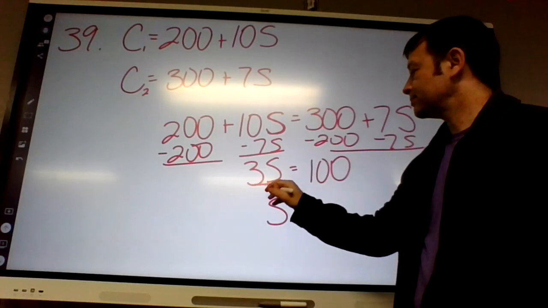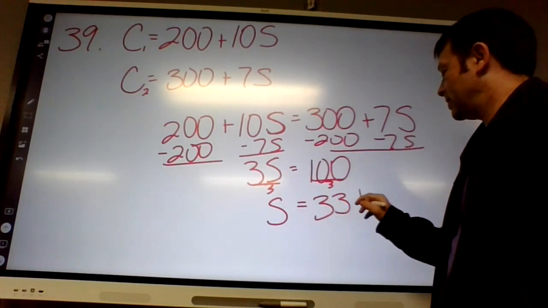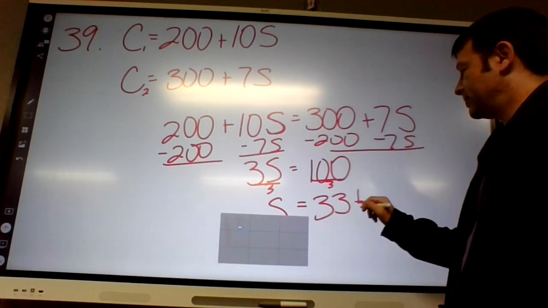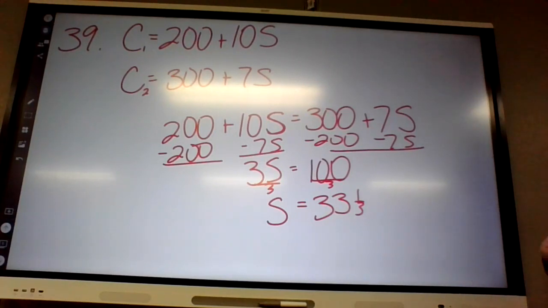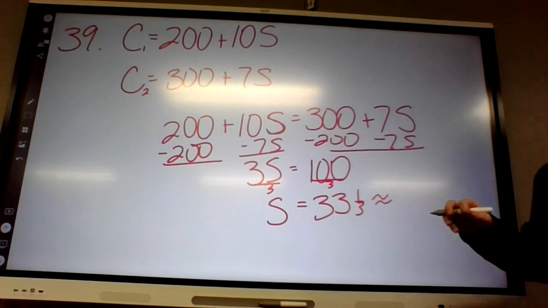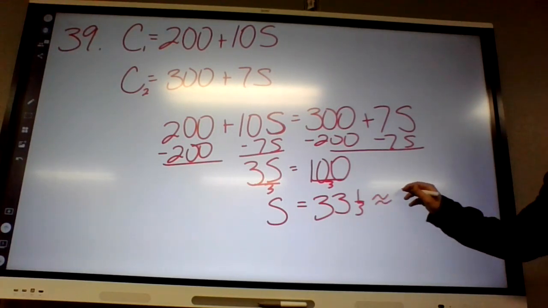Now, S stands for the number of skaters. You can't really have 1/3 of a skater. But it said about how many? So it's 33.3. Is that closer to 33 or 34? 33.